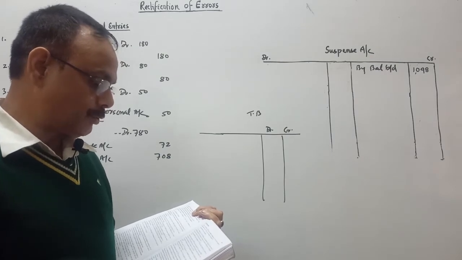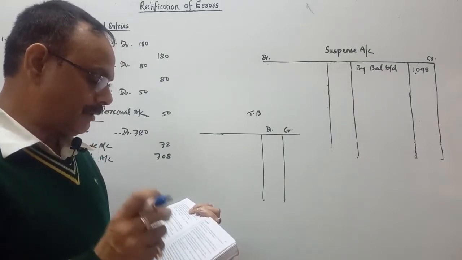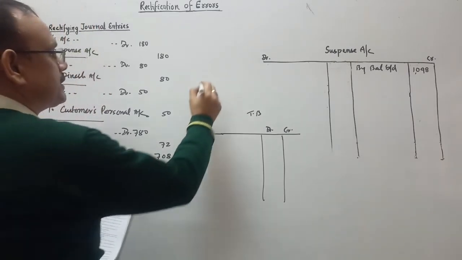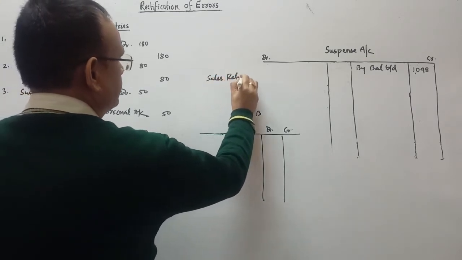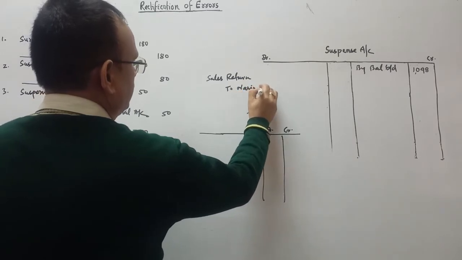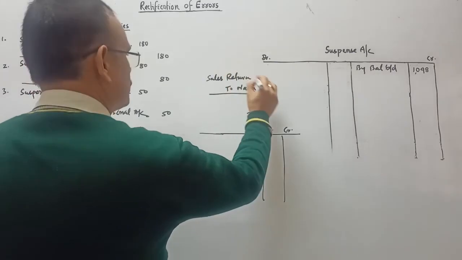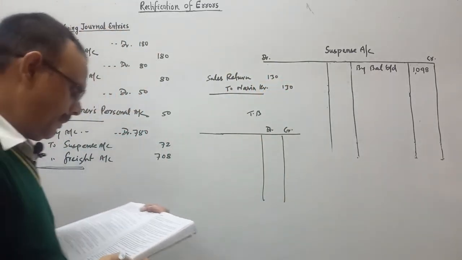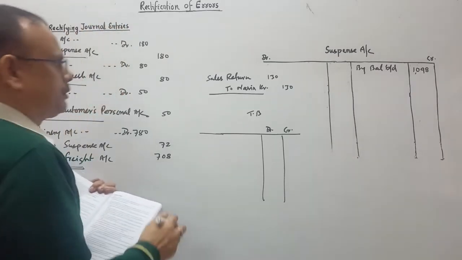The right entry is sales return account debit to Naveen Kumar. When the goods are returned by Naveen Kumar, it's a sales return. What had happened over here? It had been posted to the debit of his account.